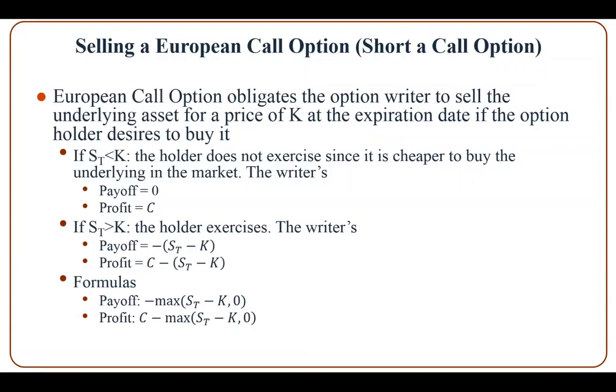The profit is equal to C. If the underlying asset price is greater than the strike price K, the holder exercises, and the writer's payoff is negative of ST minus K, and profit is C minus (ST minus K). The formula for the payoff is negative max of ST minus K and 0, and for the profit is C minus max of ST minus K and 0.